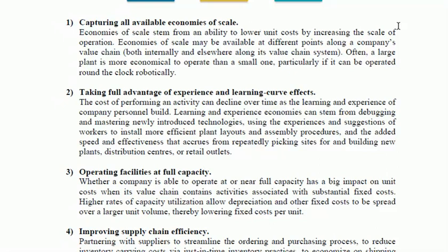When I am able to get higher production in my company, then the per product cost of production will be low, and then I'll be achieving the lower cost for every product because of higher productivity. That's the reason I am getting economies of scale by producing a large amount of products, and per unit cost is getting reduced. So if I am able to achieve economies of scale, then my cost can be reduced.